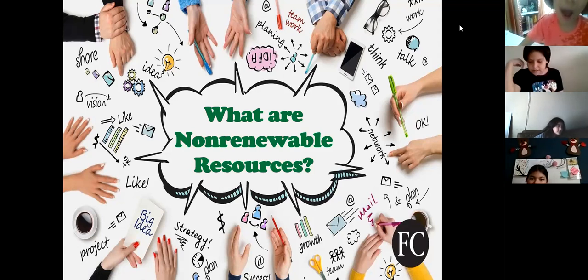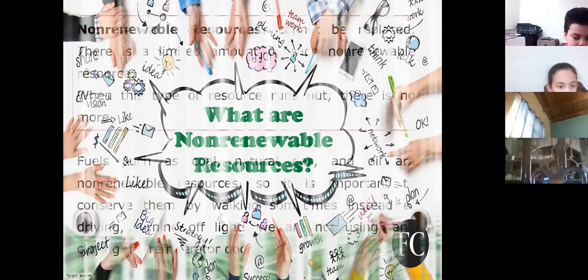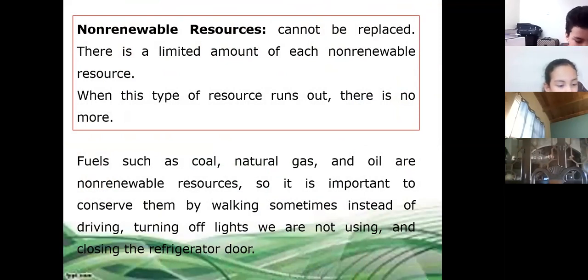Cannot be replaced. There is a limited amount of each non-renewable resource. That's right. Excellent. When this type of resource runs out, there is no more. They cannot be replaced like the renewable resources. You cut one tree, you plant another one. It's replaced. But non-renewable resources, no. There is no more of them.